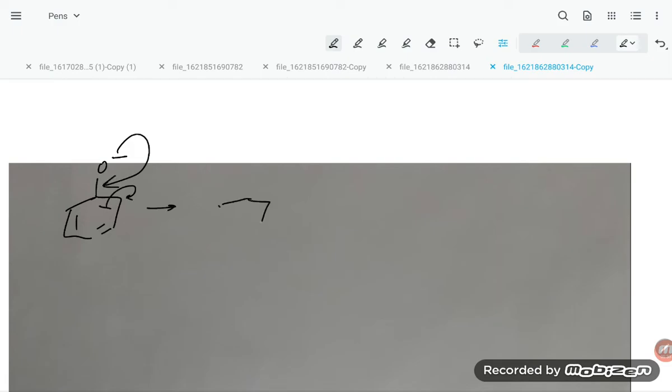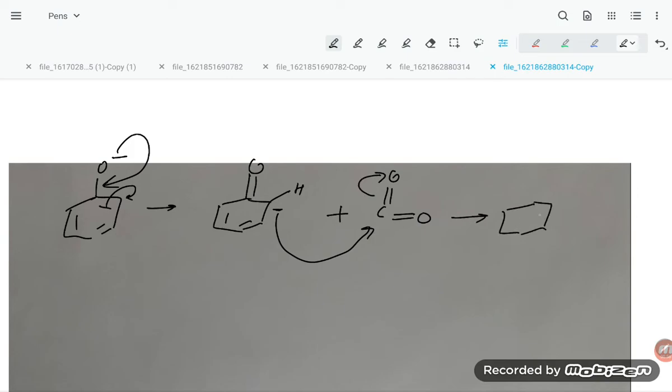So this is the structure you get, negatively charged. Now it is going to attack the carbon dioxide, and the bond will shift like that. So you can see how the compound is formed.